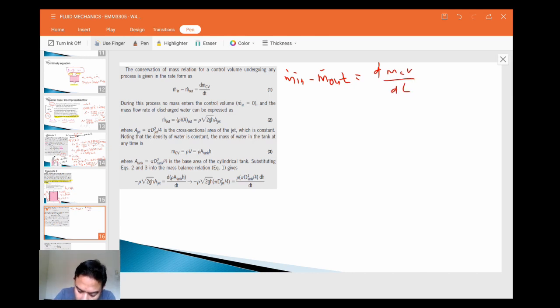M dot in is equal to 0 because there is no flow inlet going inside, so it's a tank.